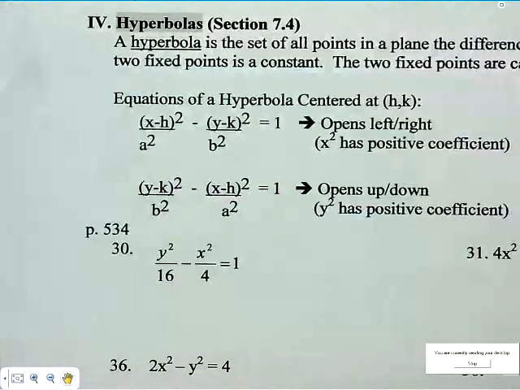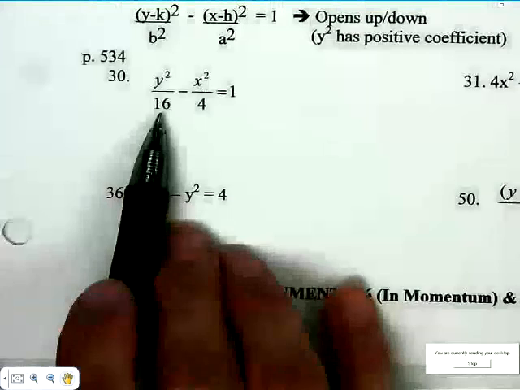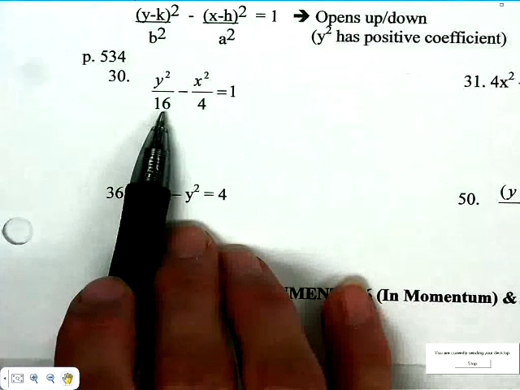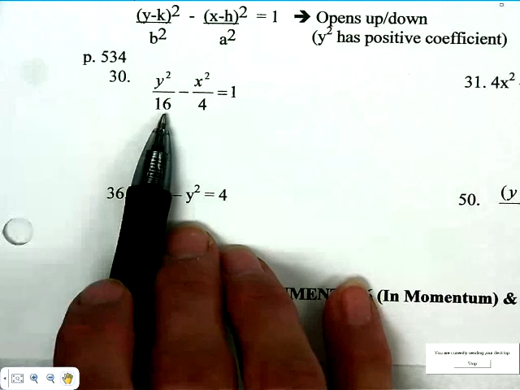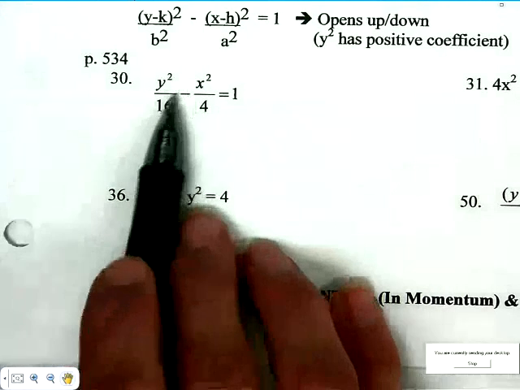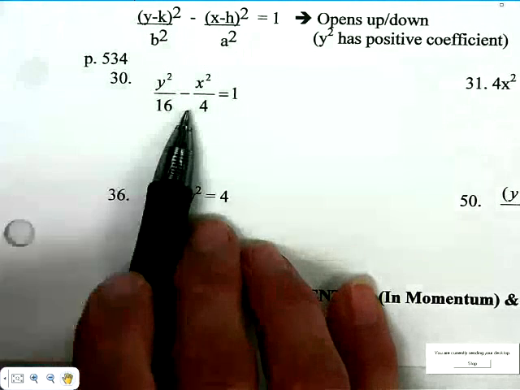For example, number 30, how do I know it's not a parabola? Because both variables are squared. That's why it's not a parabola. How do I know it's not a circle or an ellipse? One of the squared terms has a negative coefficient, therefore it must be a hyperbola.